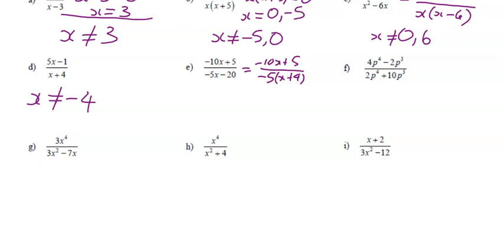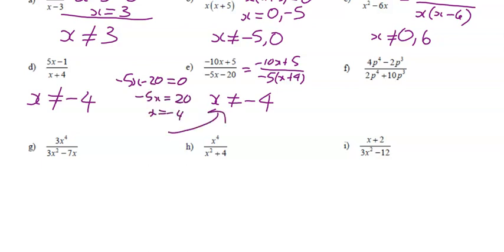That leaves me with x plus 4, because when I expand negative 5 times x plus 4, I get negative 5x minus 20. So if this is your factor, just go negative 5x minus 20. Just make sure your signs are correct. Most of the time, when you make mistakes on this, that's because the signs are wrong. What can't x be? Negative 4. Okay. You can also do this. Negative 5x minus 20 is equal to 0. Negative 5x is 20. X is negative 4, which means the restriction is x cannot be negative 4.